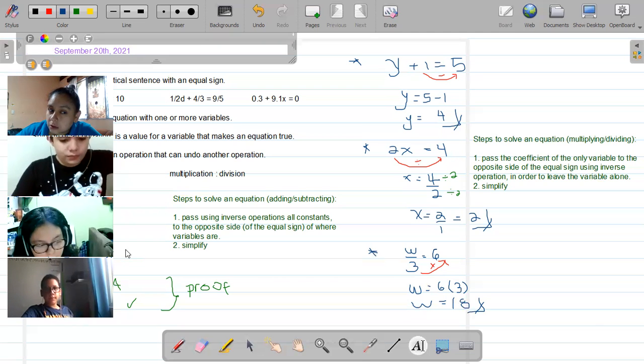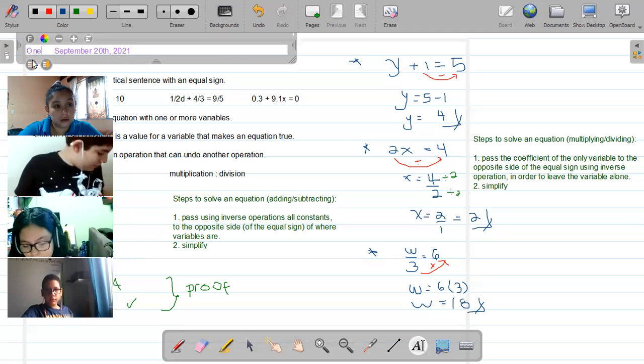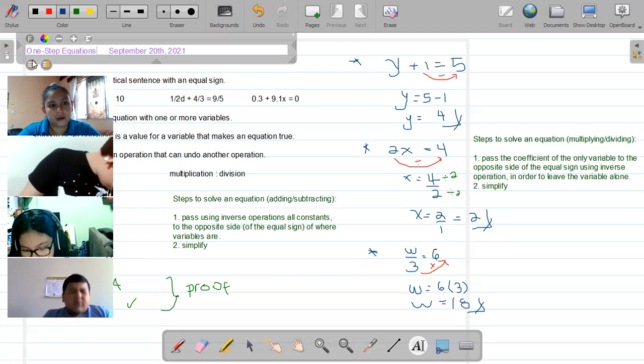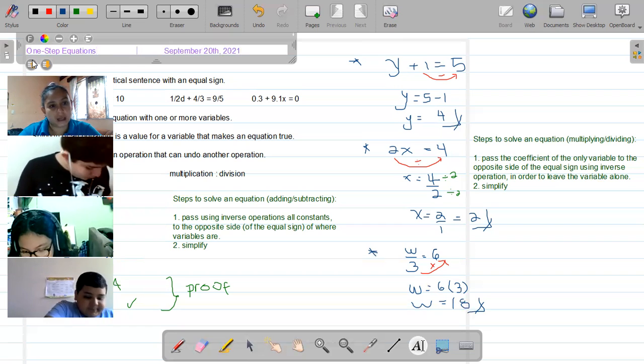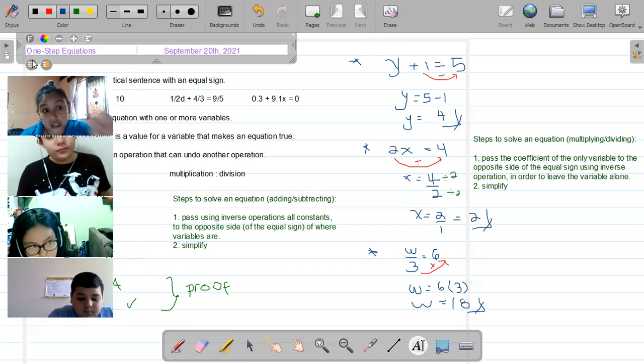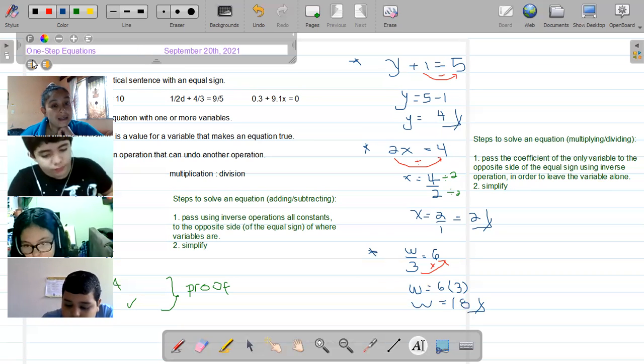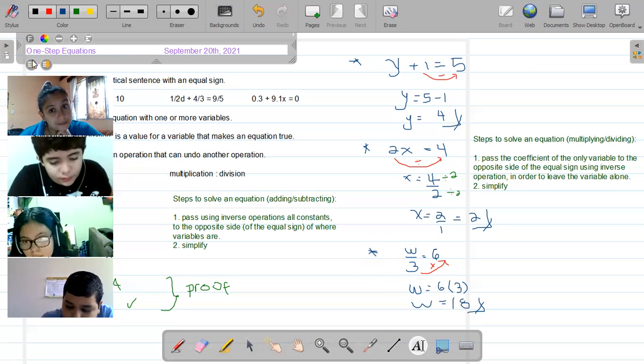Equations of one step. Inverse operation, but it is one-step equations. Okay, that's the topic's name because we solve only equations in one step. We didn't use more than one inverse operation. And that's the name of the topic: one-step equations.